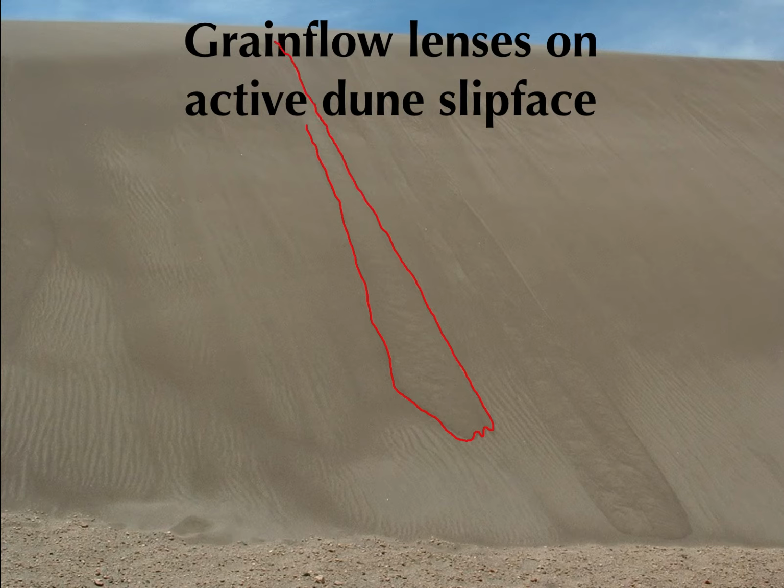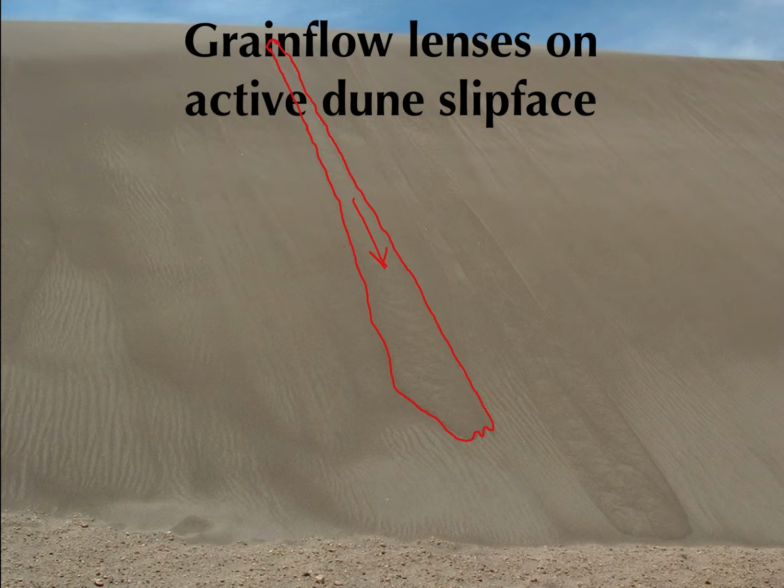So this little sand body that I'm highlighting here is a Grainflow that started up near the top of the slip face, and then all that sand traveled downslope as a fluid made of dry sand.